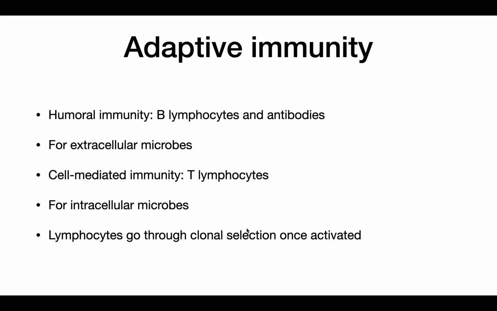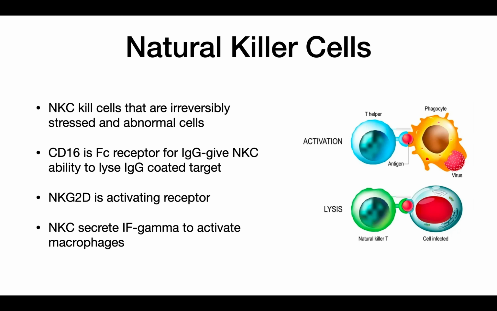So those precursors, in the bone marrow, are going to differentiate into either B lymphocytes or T lymphocytes. The natural killer cells are going to kill the cells that are irreversibly stressed or abnormal cells. So the ones that have been infected and the ones that are tumor cells.